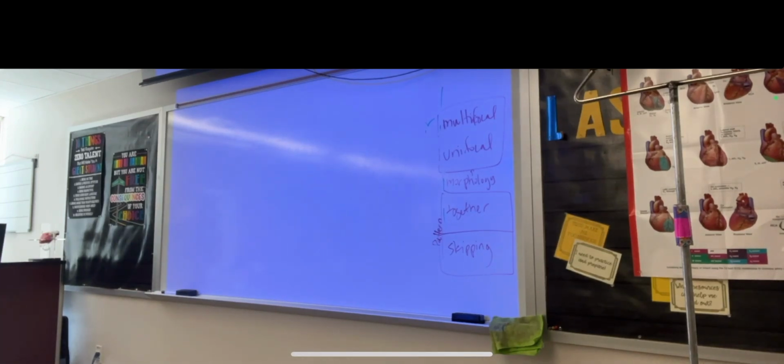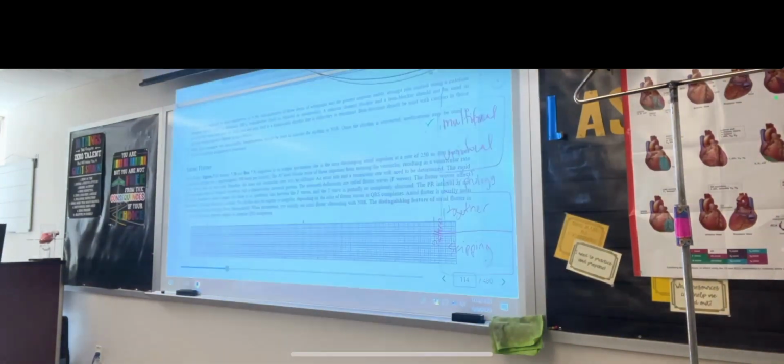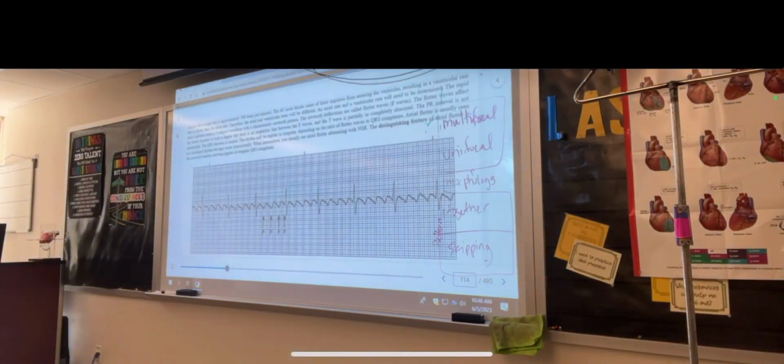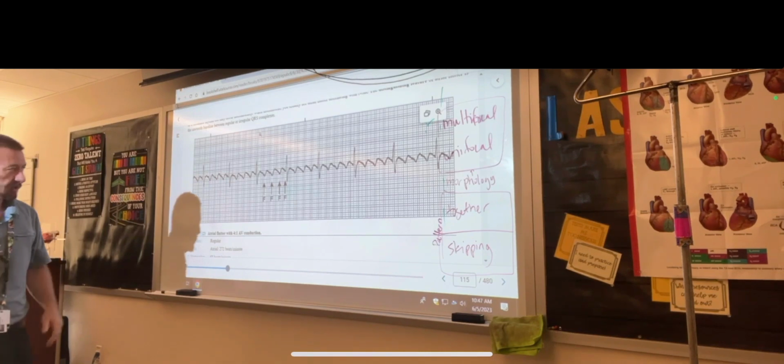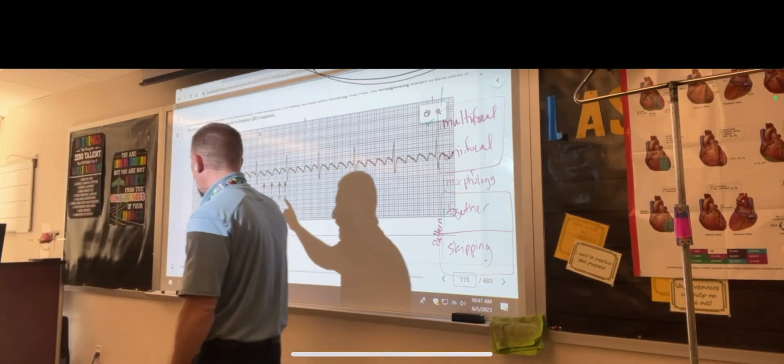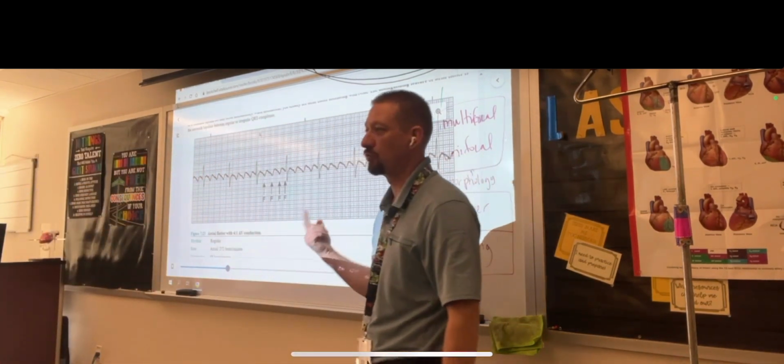In the presentations of atrial fib and atrial flutter, there's a lot of similarities between them in their origination, but they're clearly different rhythms on the monitor. In your reading, you'll find that they describe atrial flutter and atrial fibrillation as having abnormally super fast atrial rates.